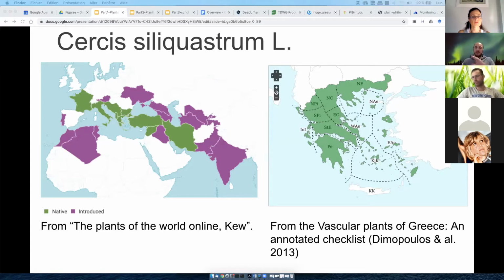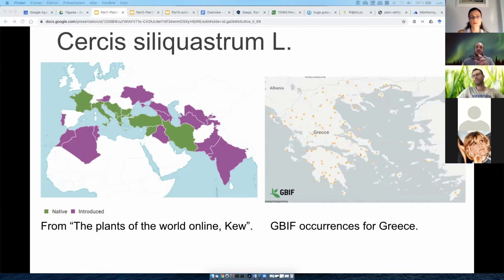However, this map masks significant disparities of information. For that species, in the GBIF platform, which is a global biodiversity information platform, an intergovernmental platform which aggregates raw botanical observations and all information related to biodiversity on Earth, we only have 460 occurrences of that species in Greece, which is not so much.